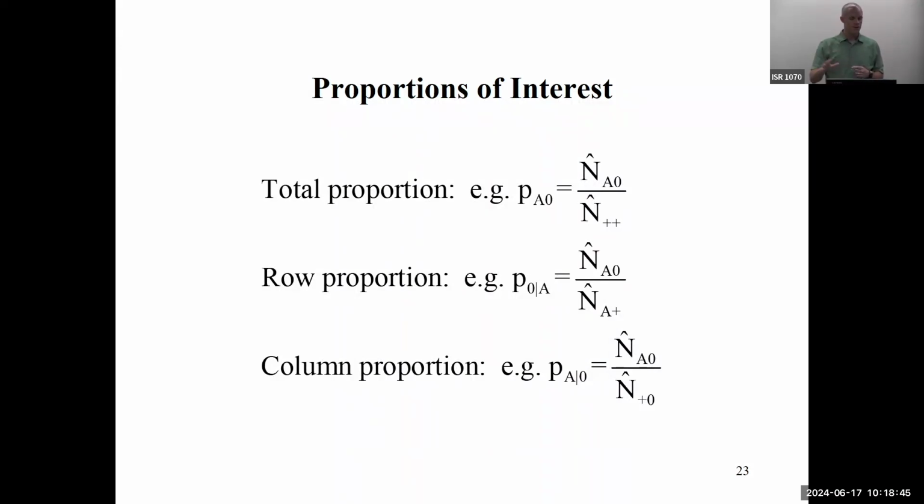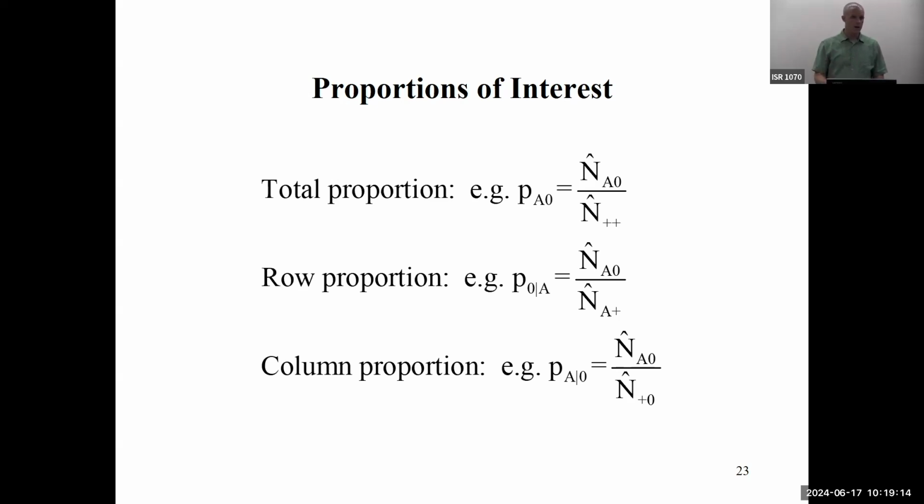All of those total proportions are going to sum to 1 in the entire table. The notation here says, for example, what's the estimated count of the population that's in cell A0, so they have value A on one variable and 0 on the other variable, divided by n hat plus plus, the size of the entire population across all the cells. So those are total proportions.